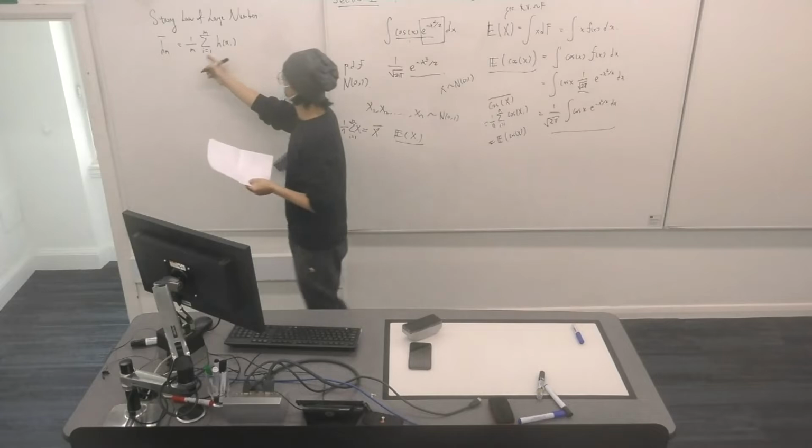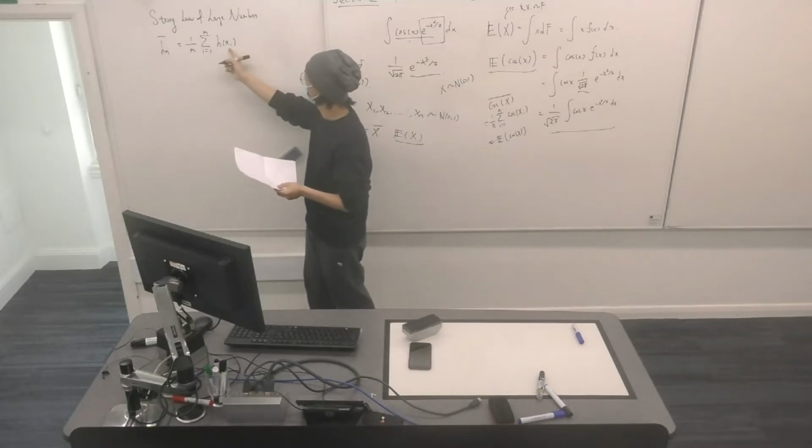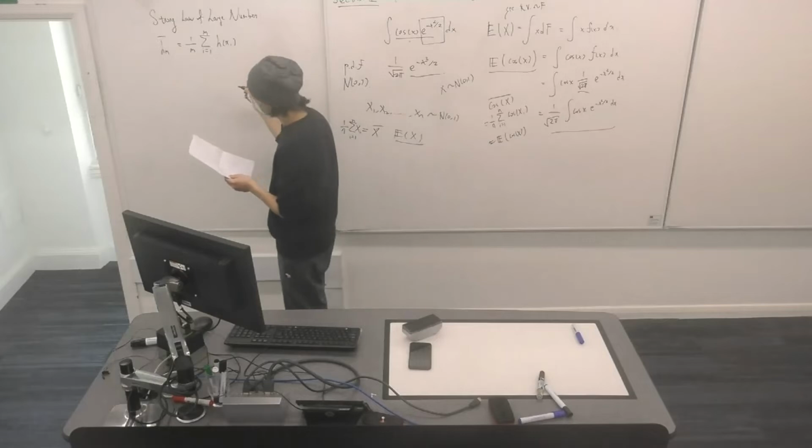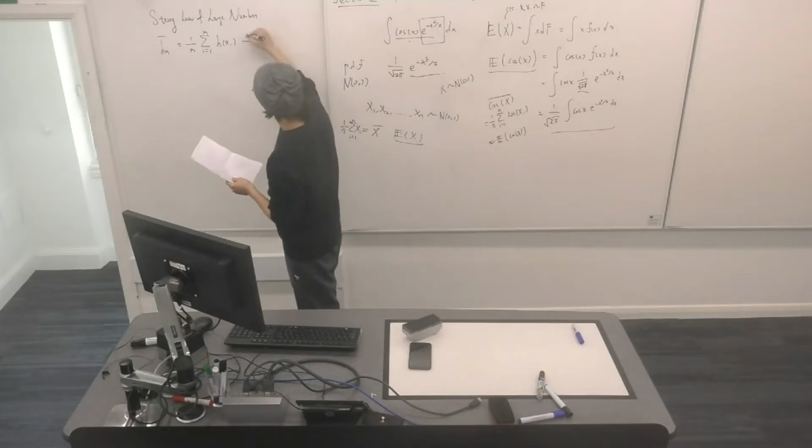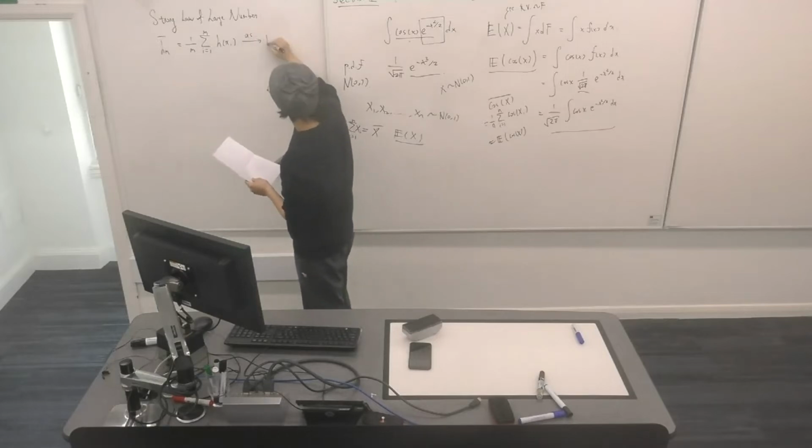So essentially, it's just an average of the samples, after a function applied to it. But this thing converges almost surely to the expectation of h of x.